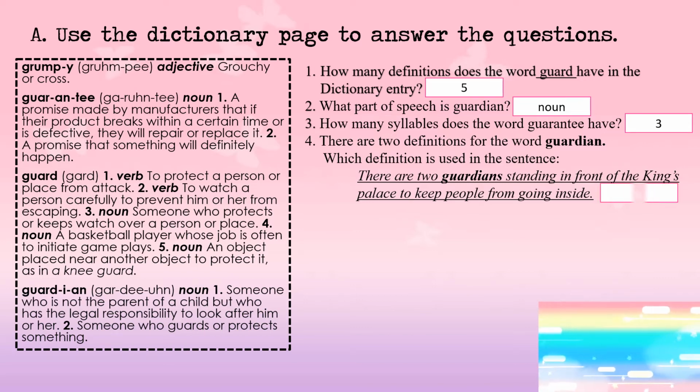Time's up. The answer is 2. Definition number 2. It means someone who guards or protects something.